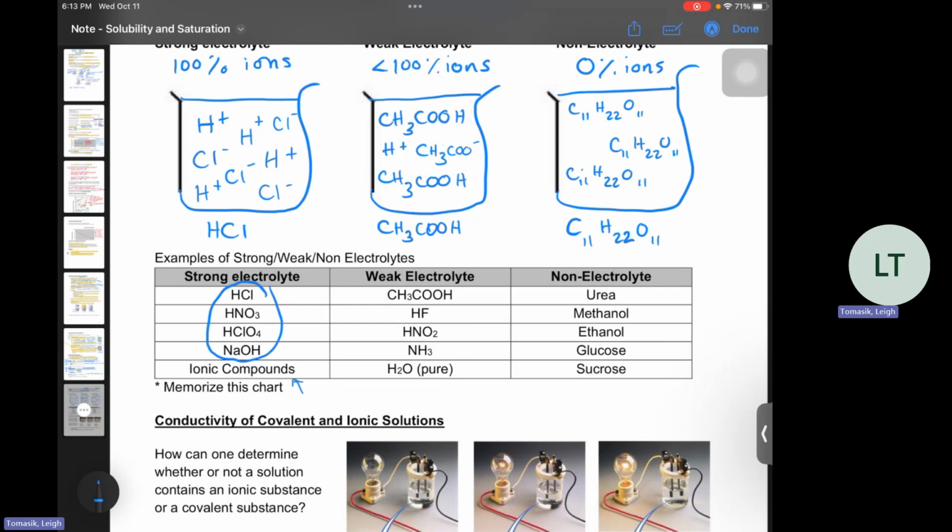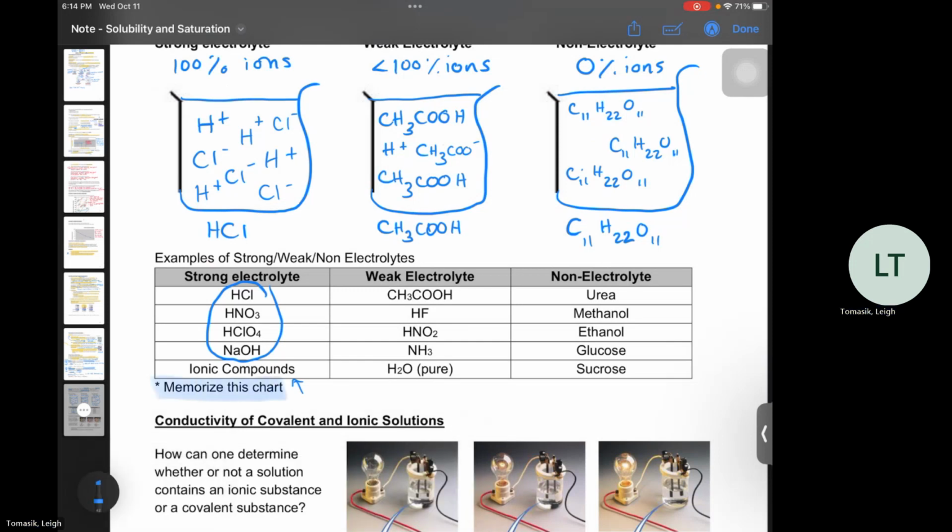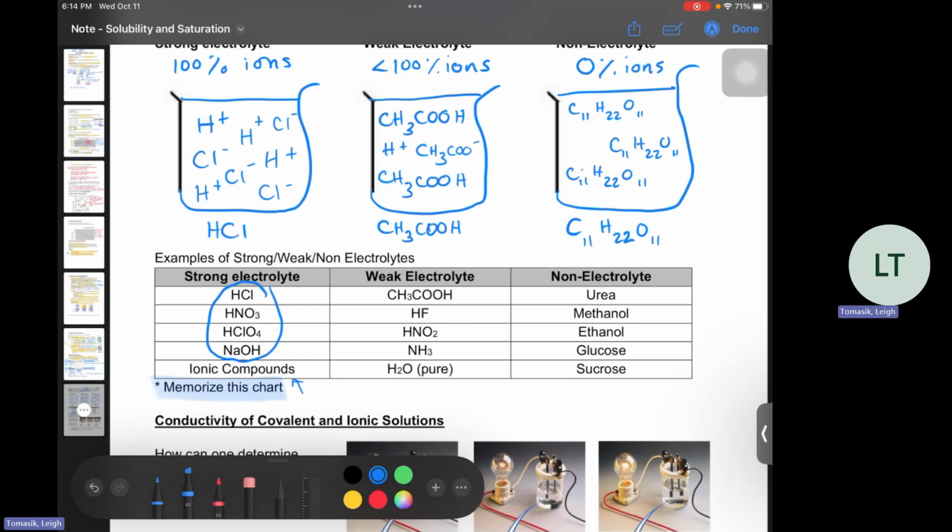Very important that you have a sense of strong acids, strong bases, strong electrolytes. It says memorize this chart. I don't like telling you to memorize things, but you should be able to pick out on a multiple choice quiz what is a strong electrolyte or what is a weak electrolyte.